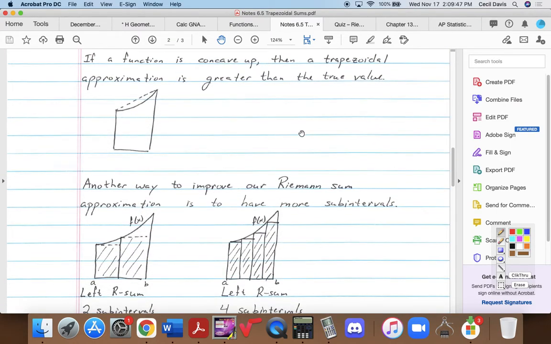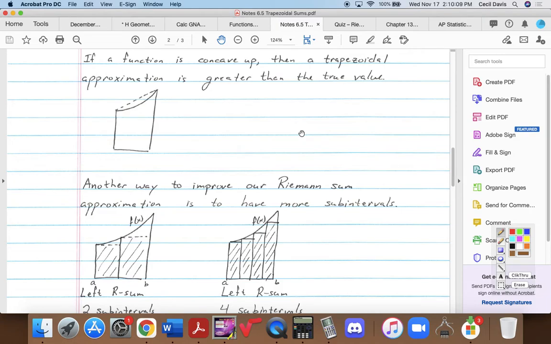So if a function is concave up, the trapezoidal rule is greater than the true value. If it was concave down, it's less. Now, remember, the midpoint is the opposite.